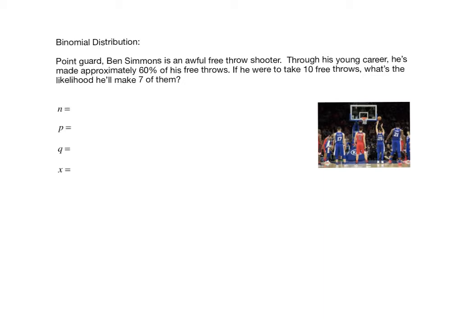First, are there only 2 possible outcomes in this experiment, making it binomial? And there is, because we're talking about him shooting free throws, and he either makes or misses. Hence, it's binomial. Then the other parts of it, we're going to sort of assume are okay. For example, he's a 60% free throw shooter. If he were to miss 5 free throws in a row, maybe his 6th free throw would have a lower percent chance of making it, because maybe his confidence has been hit.